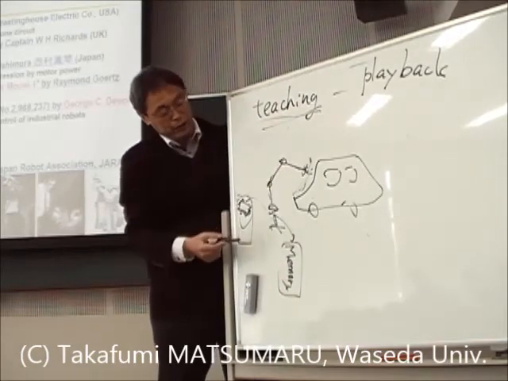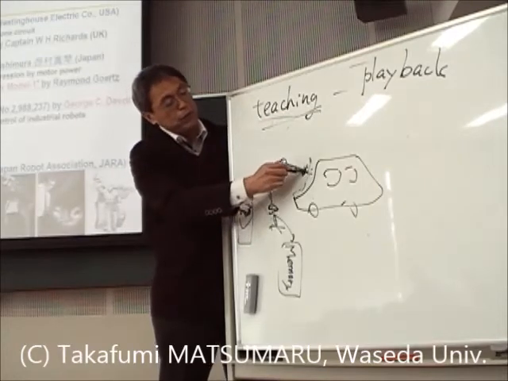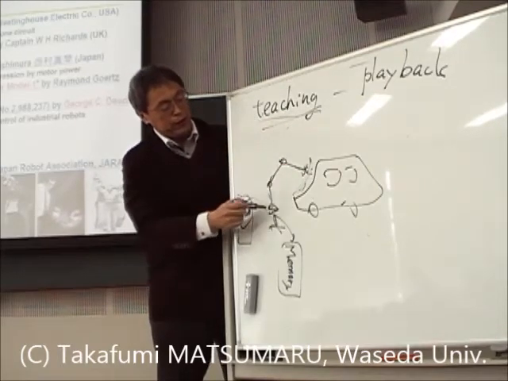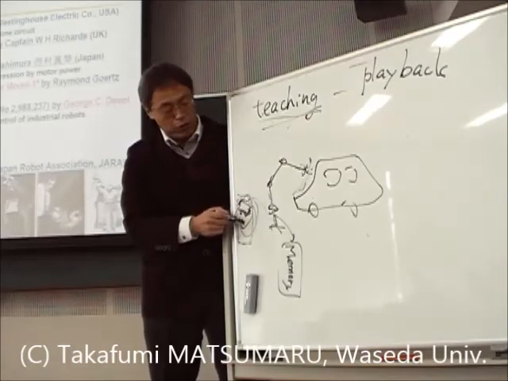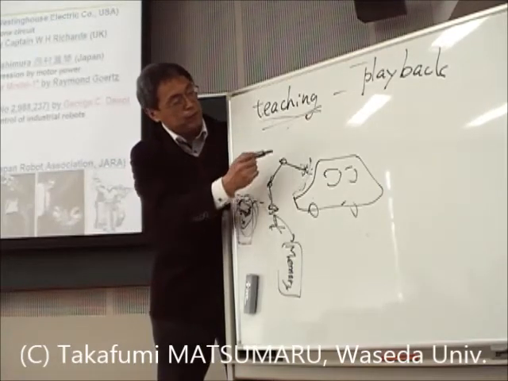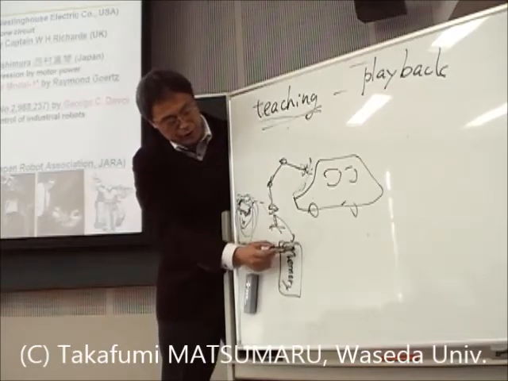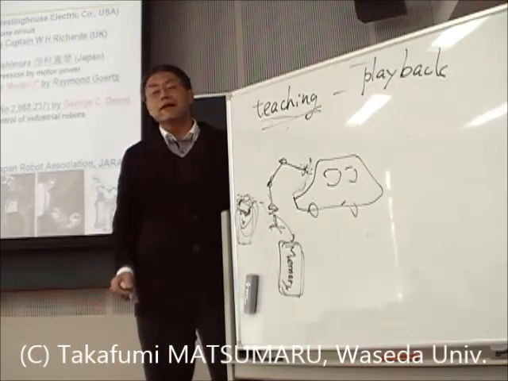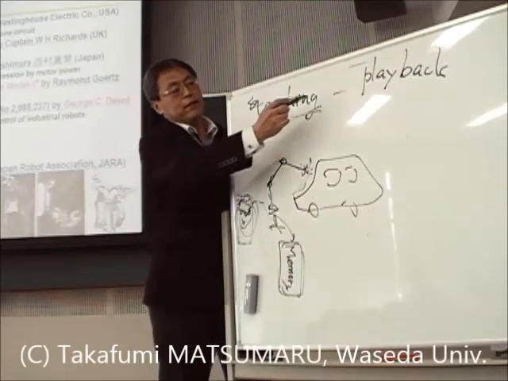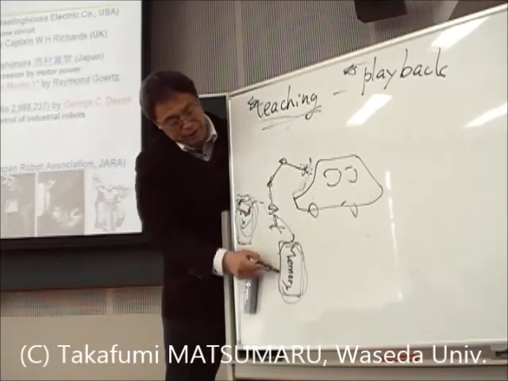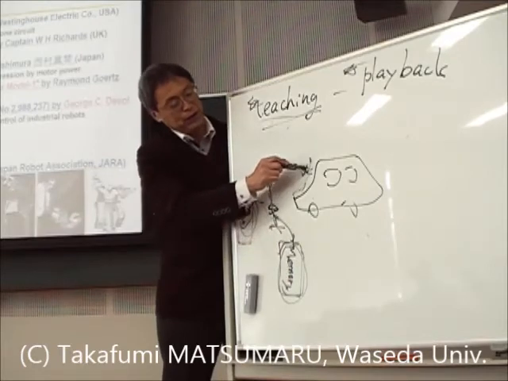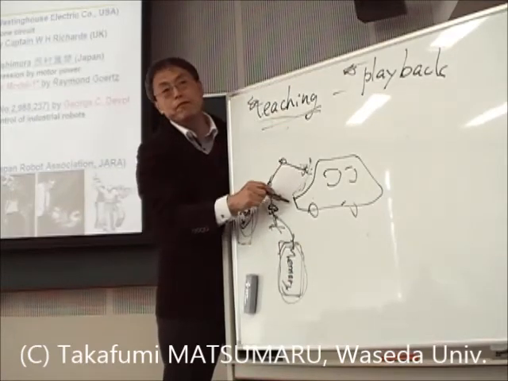This is the teaching phase. The movement is taught directly by using some command input devices, programmed, and this movement is stored in some memory. The playback phase is when the robot reads this memory and repeats this movement.